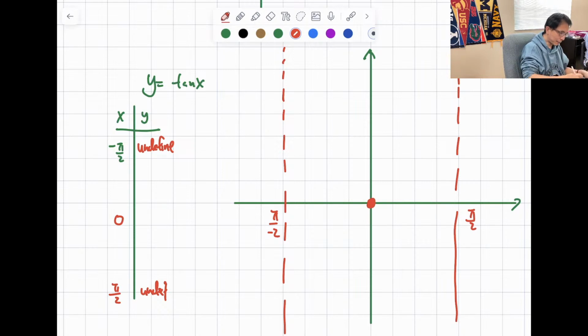And I'm going to pick a middle point here, which is negative pi over 4. What happens to tangent of negative pi over 4? It's -1.